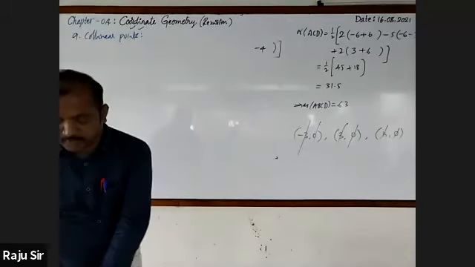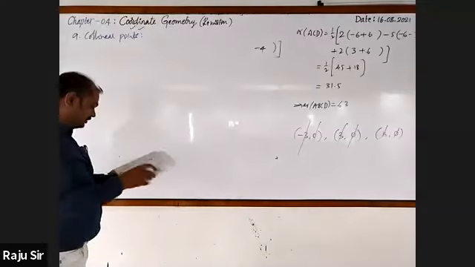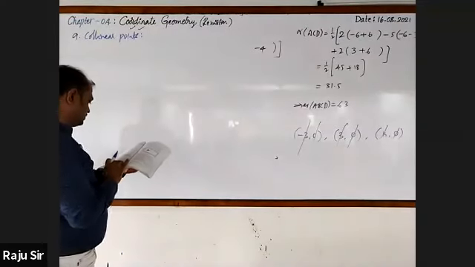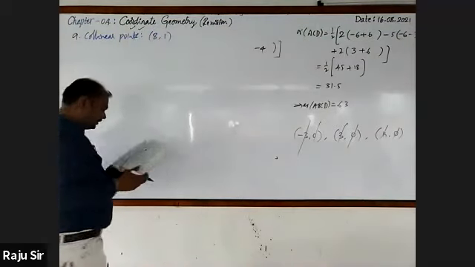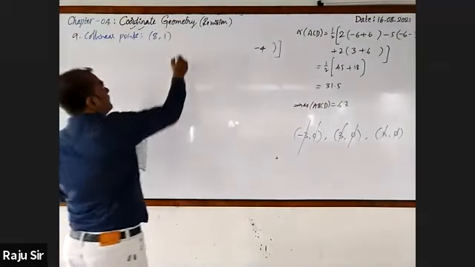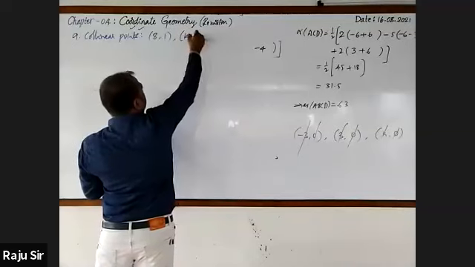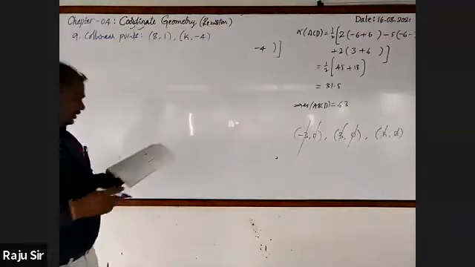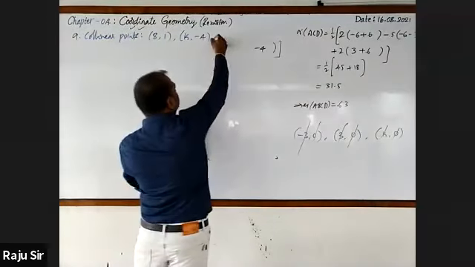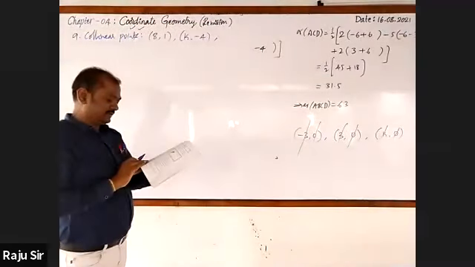The collinear points are, as given in the textbook, 8, 1, which is on the x-axis. Then K, -4, where is it? Third quadrant? I don't know K.